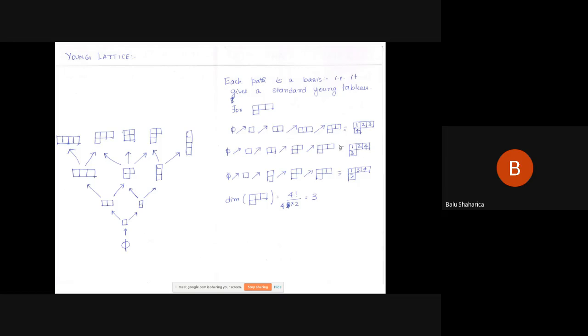And similarly for the other 2 paths as well. So basically, you're adding one box at a time and keeping in mind that it has to stay a Young diagram. That is, the number of boxes in a row has to be non-increasing. That's the way in which you build up the lattice.